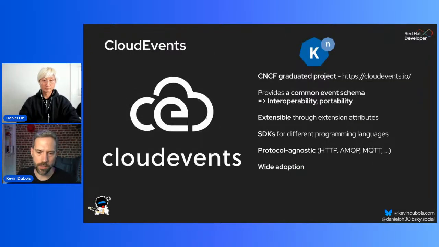So Knative leverages another open source project, which is called Cloud Events. And Cloud Events is basically a way to make the messaging more agnostic as well, because you probably know some messaging systems usually have their own protocol or their own way of working. So Cloud Events is trying to abstract that away, so you can send messages in the format of Cloud Events, and then you can have different messaging systems receive those events.